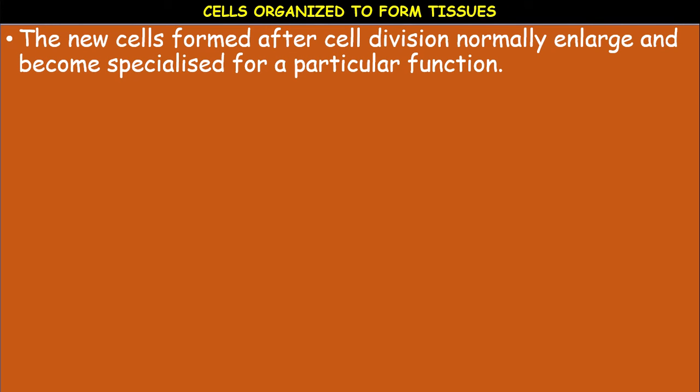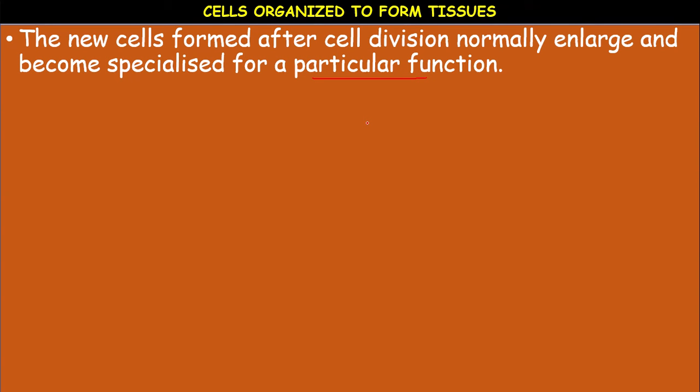How? The new cells formed after cell division normally enlarge and become specialized for performing a particular function, that is called cell differentiation. First the cell will grow, then the cell divides, then these cells are organized or determined to perform the specific function.